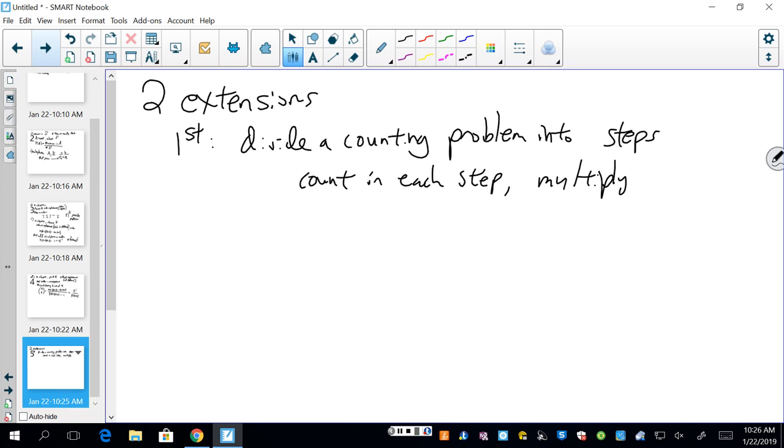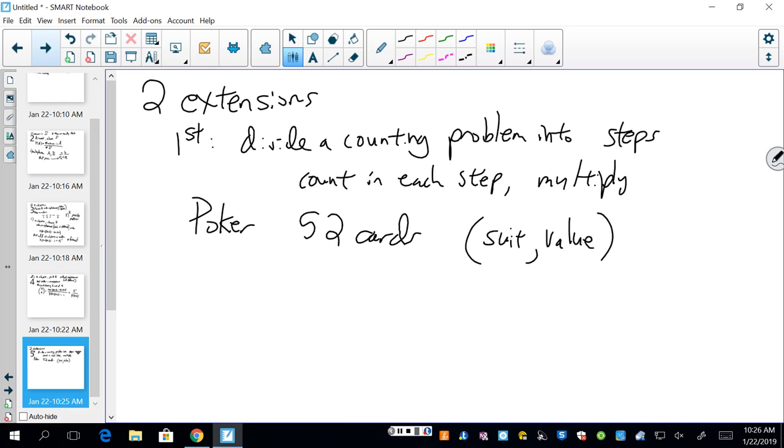So a classic example of this is in poker. There are 52 cards in a deck of cards. Each card has a suit and a value. There are 4 suits and 13 possible values, and so that gives us our 52 unique cards.